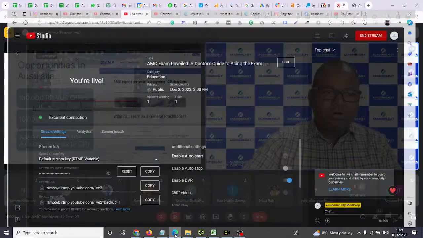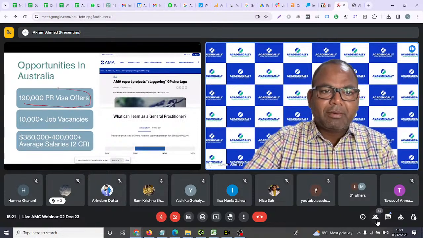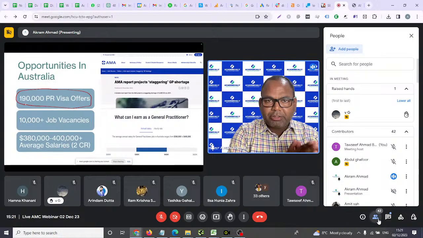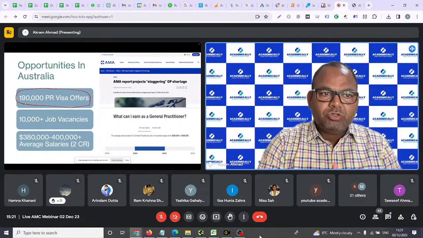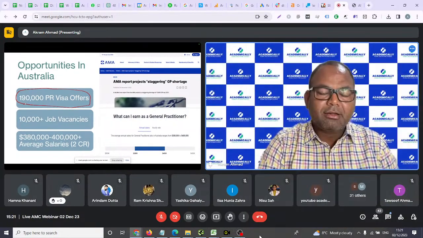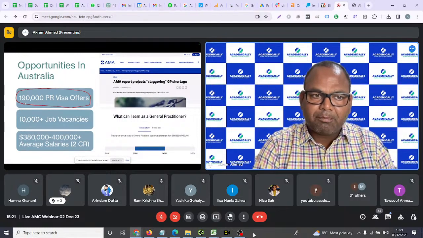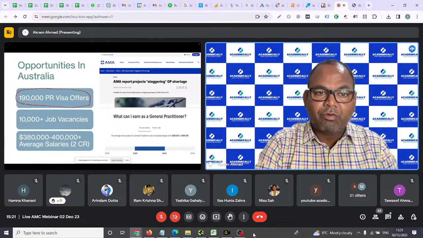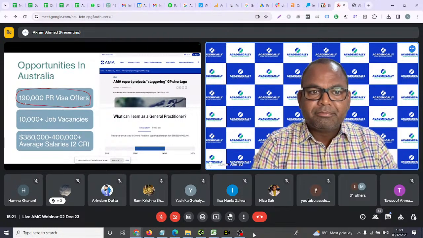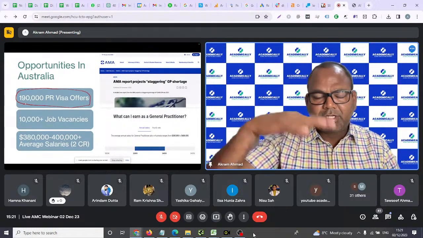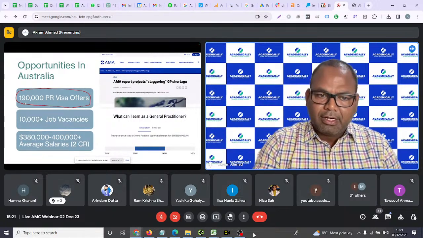Australia is the only country that provides the PR visa, a permanent visa, after this exam. If you complete this process, you are eligible to apply for a PR visa immediately. In the UK, you cannot. In the UK, first you need to pass part 1, part 2 and get a job, and you have to work there 3 years. Then only you can apply for the PR visa, and after 3 years you have to get citizenship.